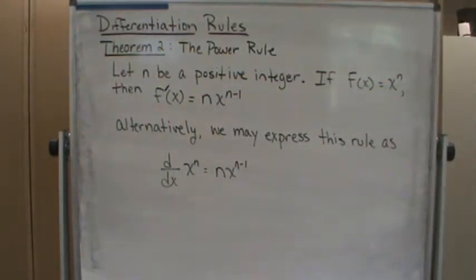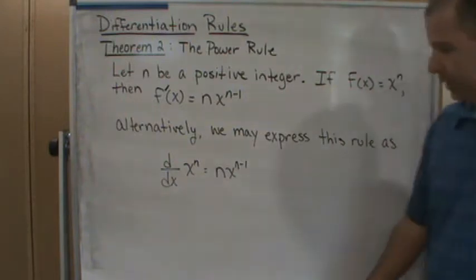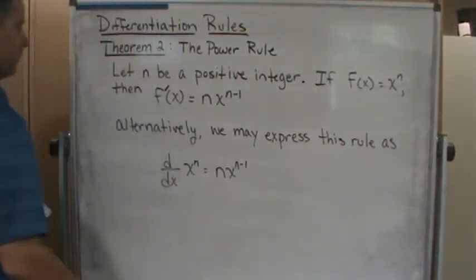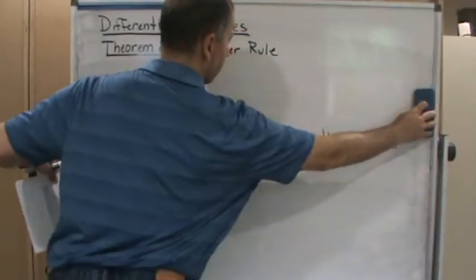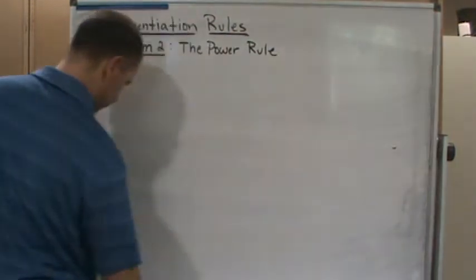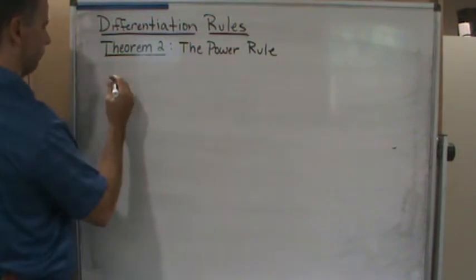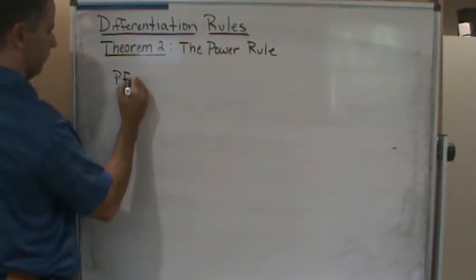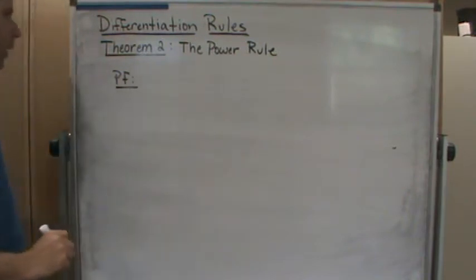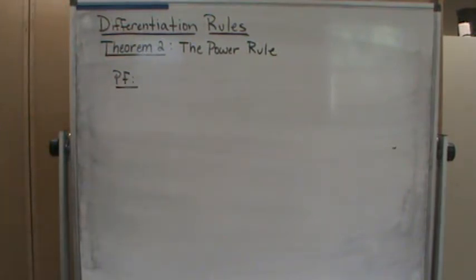Okay, so we're going to use the difference quotient the same way we did before. Okay, so here's the proof. And so the first thing we do is we're going to take the limit of the function.